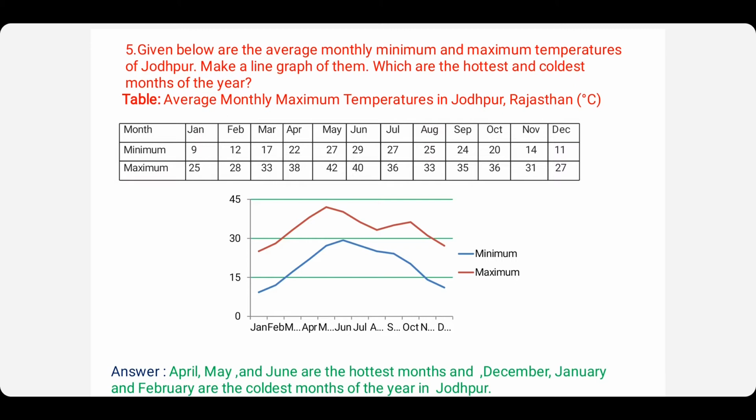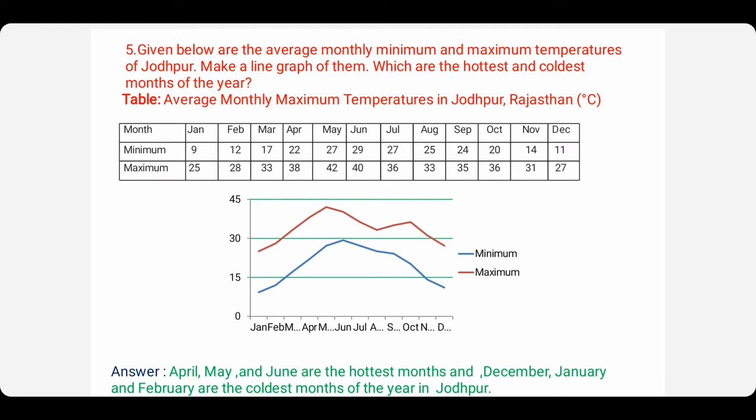Now you have to find out in which month there is the highest temperature and in which month there is the lowest temperature. Here, which months are there? So we have to take at least 2 to 3 months here. Let us see what are the months with the highest temperature, the hottest months. You can see here 38, 42, 40.